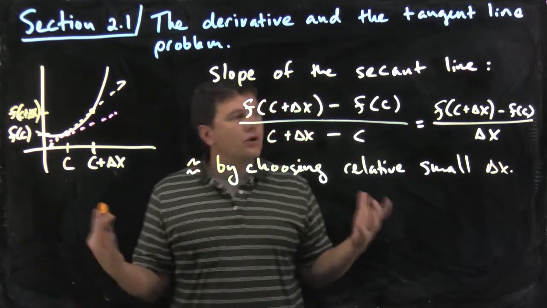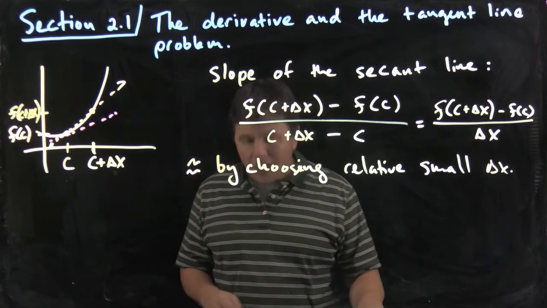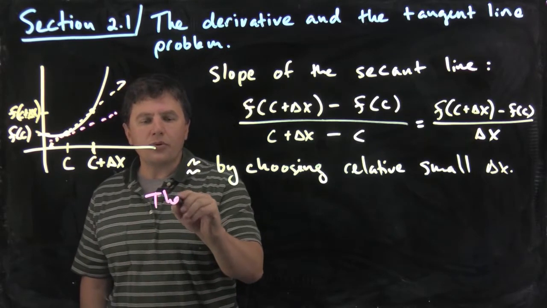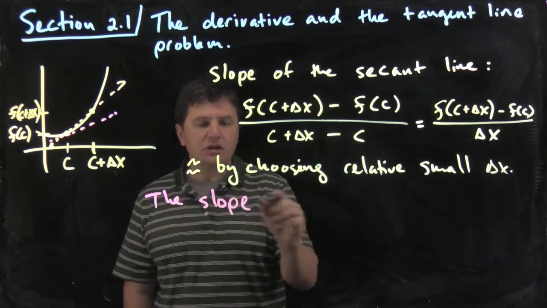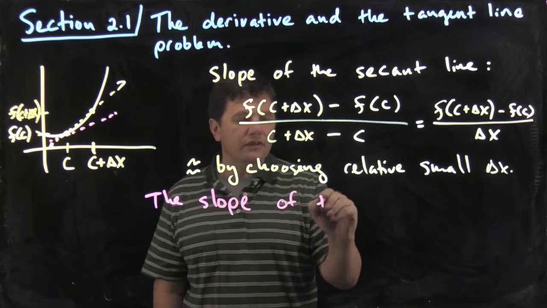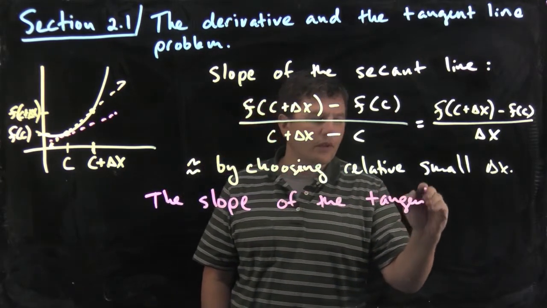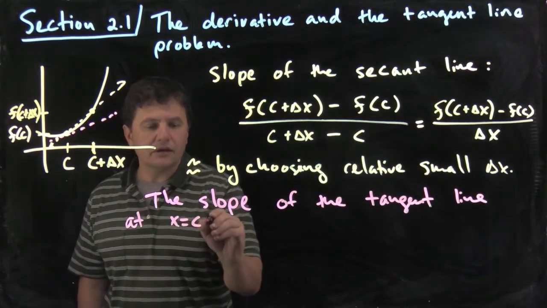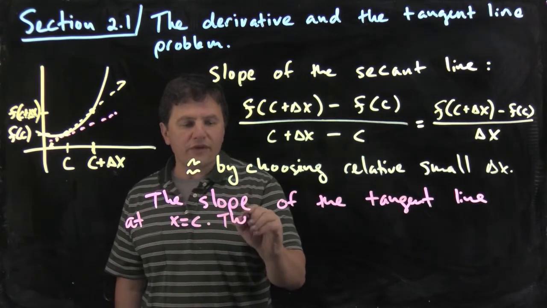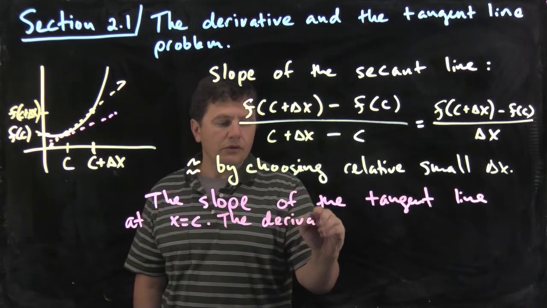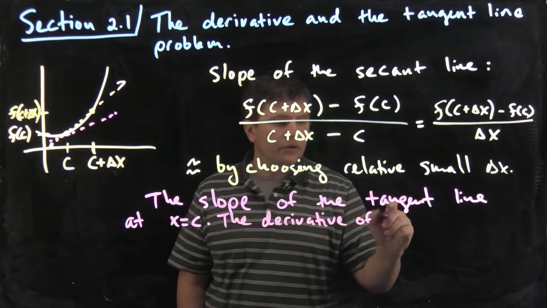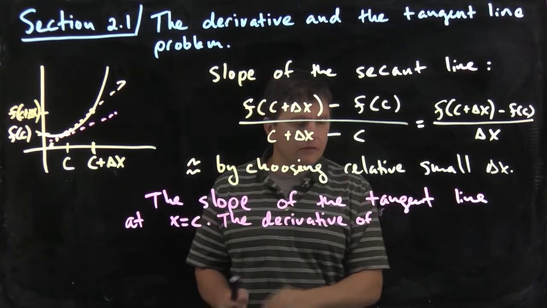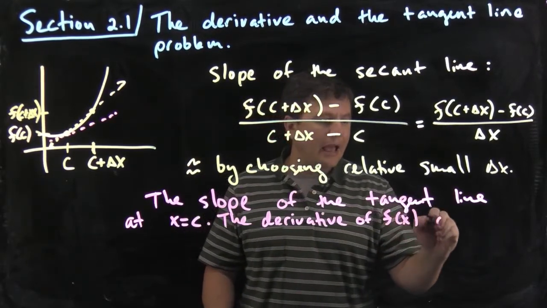Okay, now, how do we get the exact? The way we get the exact, and this is the actual slope, not the approximation, the slope of the tangent line at x equals c, is also referred to as the derivative of f at x equals c.